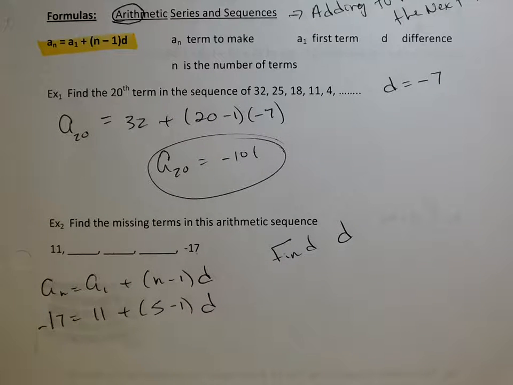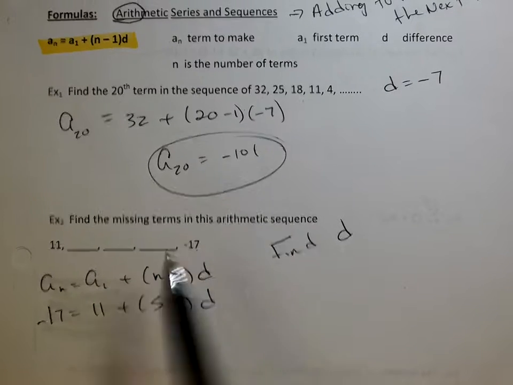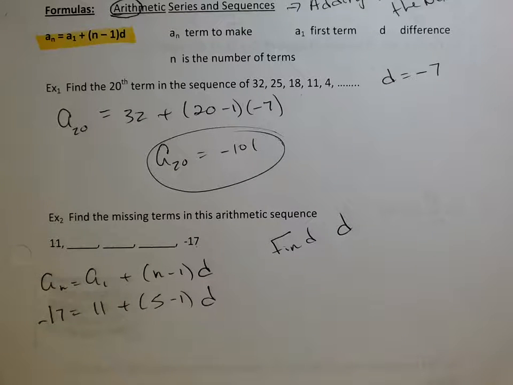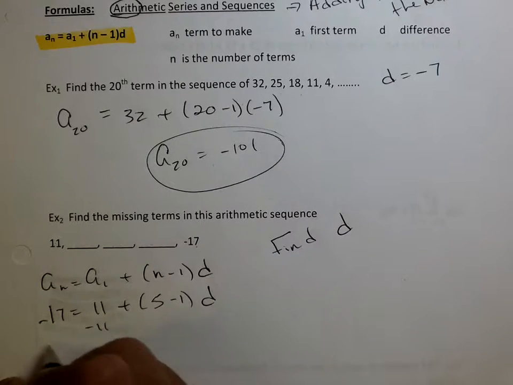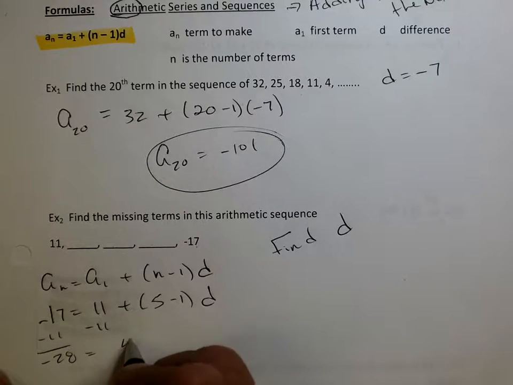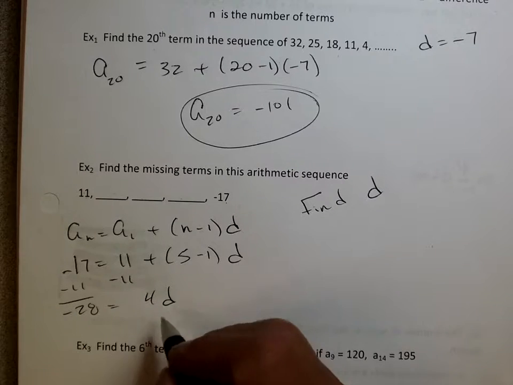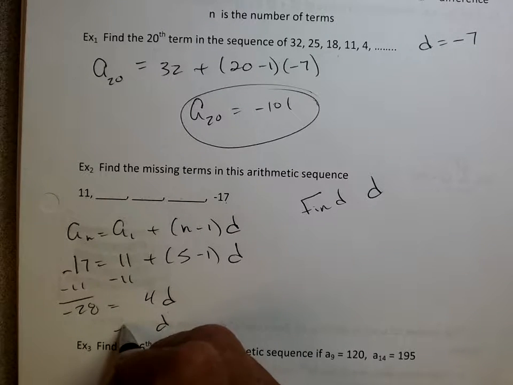So I just plugged everything in. -17 is my last term. 11 is my first term. There are 5 terms, and I'm just looking for D. So let's simplify this. -11, I've got a -28 equals 4D, right? You okay with the 4D? Divide by 4, and D is -7.